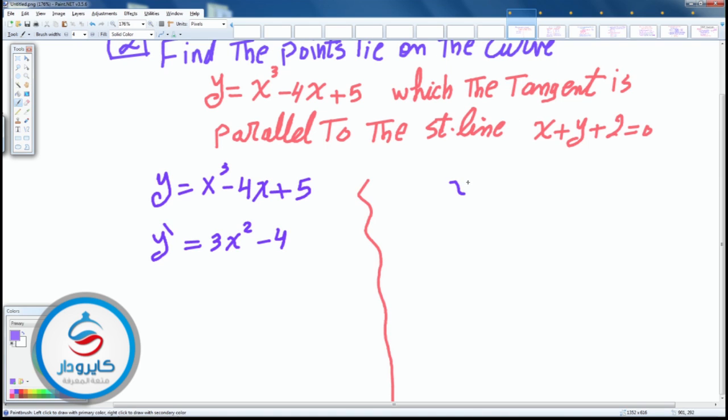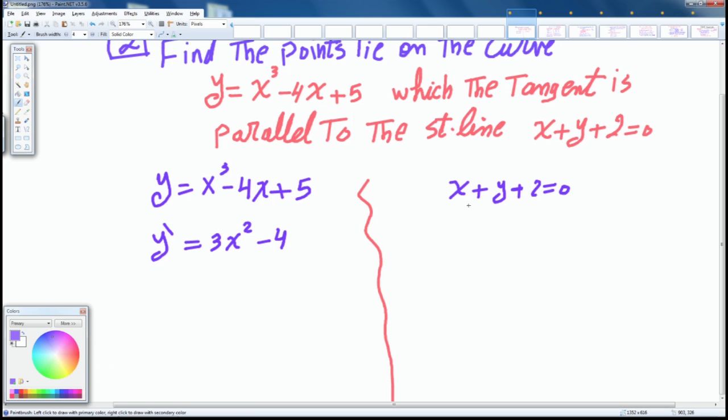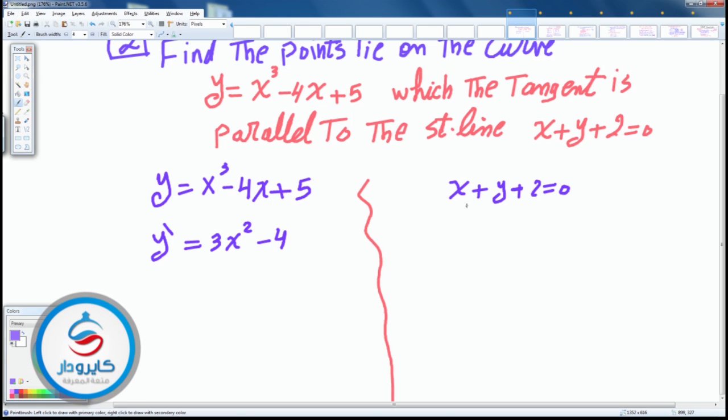This is the equation of the straight line x plus y plus 2 equals 0. By the way, if we forget how to find the slope, negative coefficient of x over coefficient of y, you can more easily take the first derivative of this equation directly.